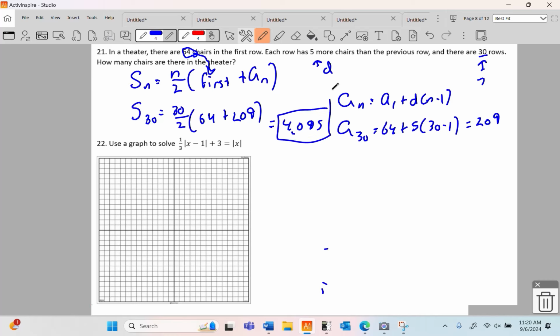Use a graph to solve. So if I look here, I have a right 1, up 3 situation. The slope is rise 1, run 3. It's absolute value. You can get away with it. And put lots of points.